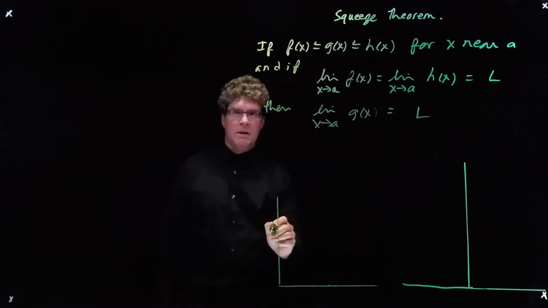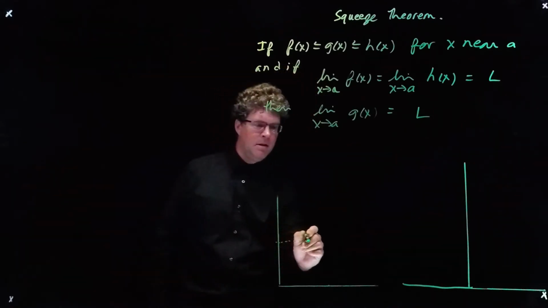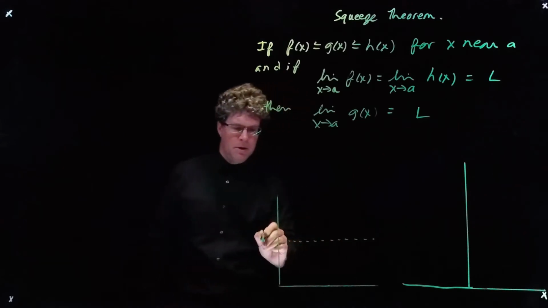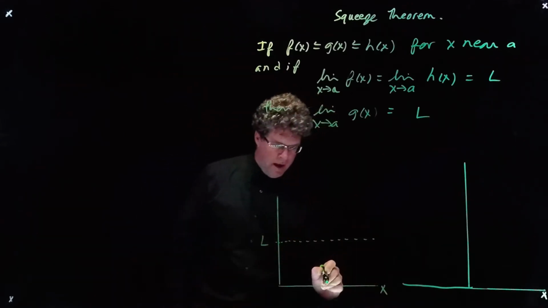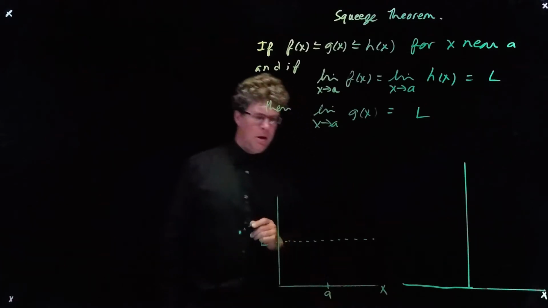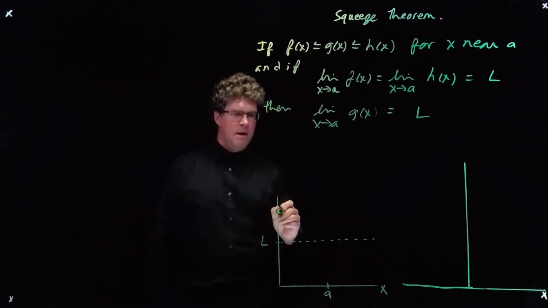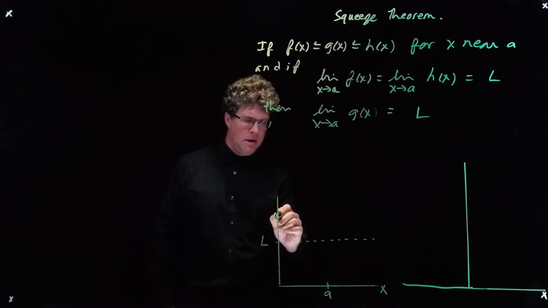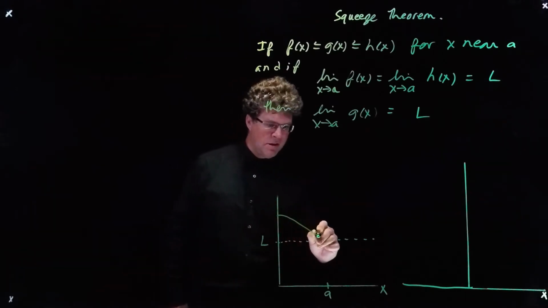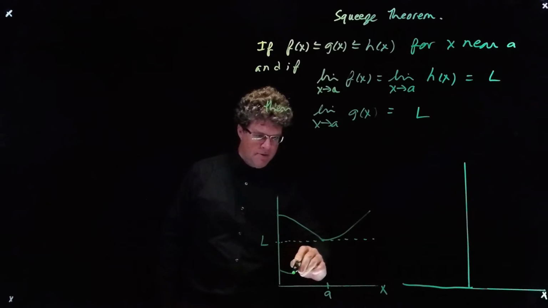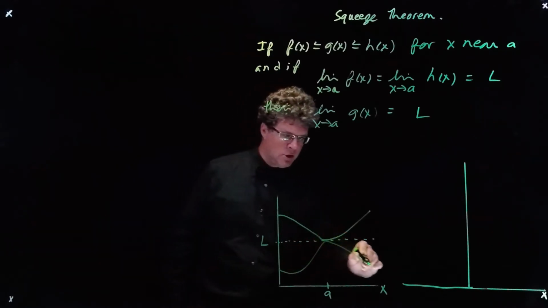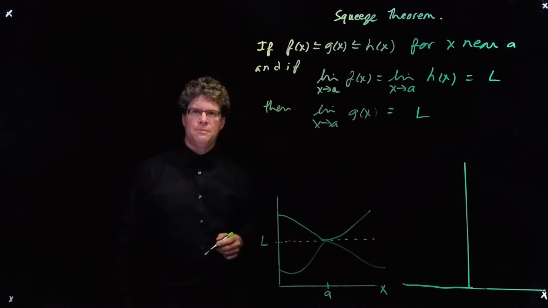And so the idea here is that we have some value L here on the vertical axis, and we have this point a here on the horizontal axis, and we have a function which is the top of the sandwich that looks like that, and a function that is the bottom of the sandwich that looks like that.